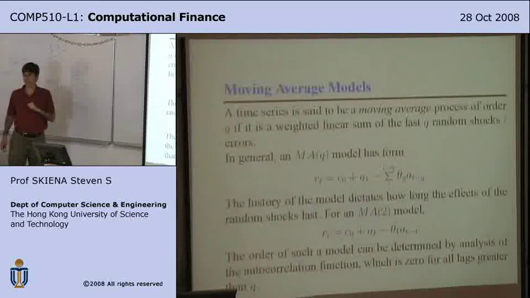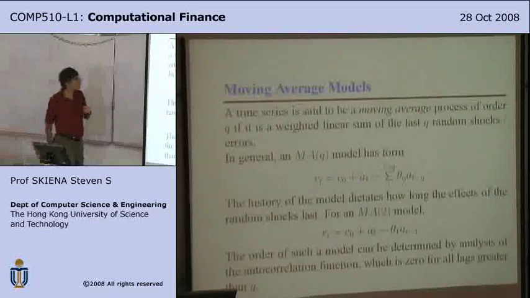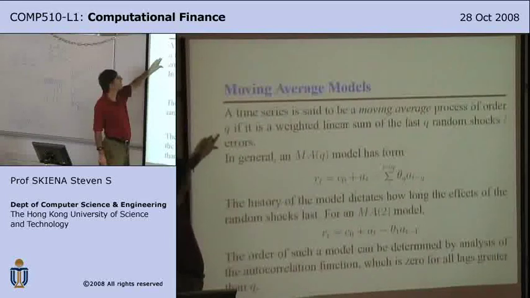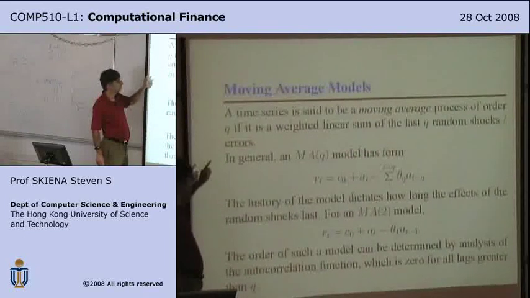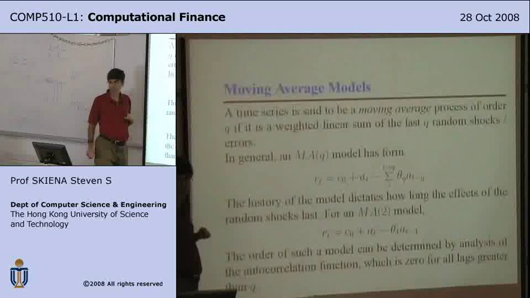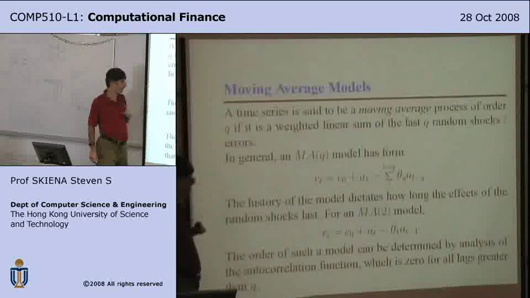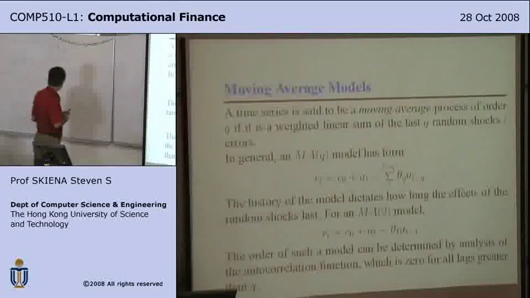But once that happened, there's going to be a certain impact of this random shock that's going to last for a certain time. In an MA(q) model, we're going to say that when there is a random shock or a random change, the magnitude of that event has a persistence of q periods before it goes away. Any questions?